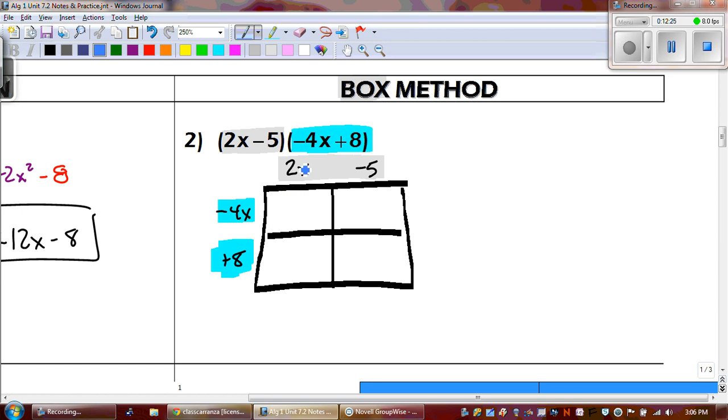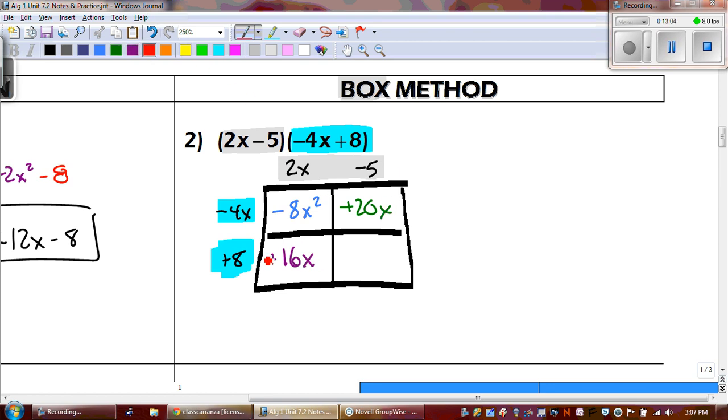Negative 4 times 2 gives us negative 8x squared. I'm going to multiply negative 4x and negative 5, which gives me positive 20x. So I pretty much go multiply, multiply, and that's how we get that. For our next one, 8 times 2. So 8 times 2x gives me a positive 16x.